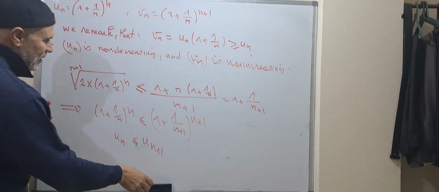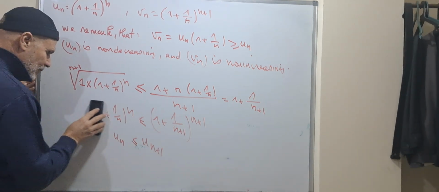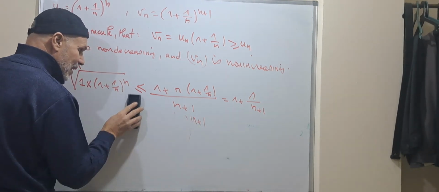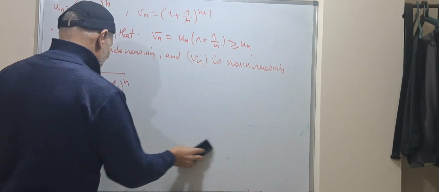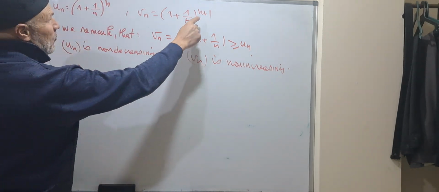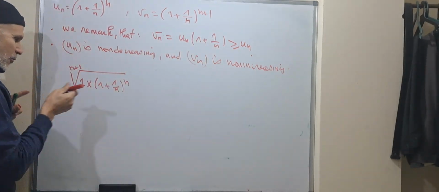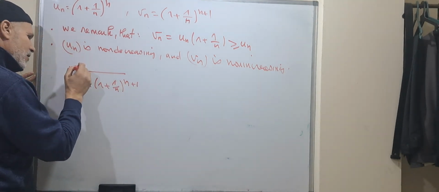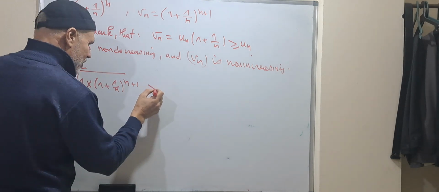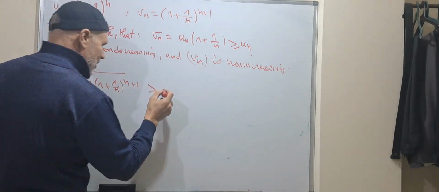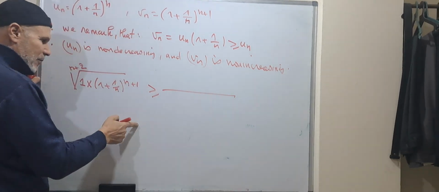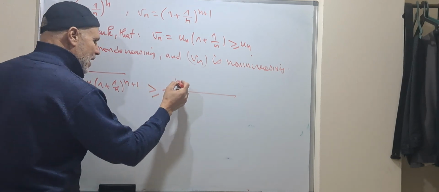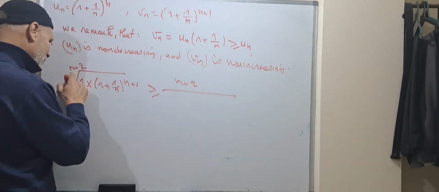This is the first. Second, we keep the same technique, but here as we have n plus 1, we take n plus 1 and here n plus 1 plus 1. This is greater than or equal to what? This is greater than or equal to the harmonic mean, with n plus 2 elements.